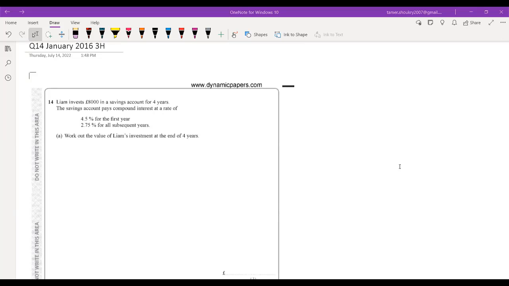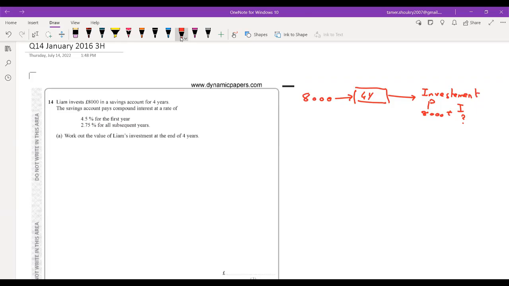The question is asking what the investment will be at the end of the 4 years, which means that Liam is going to put 8,000 sterlings, and after 4 years, she is going to have an investment, which is the principal, the 8,000, plus the interest which she took in the 4 years.